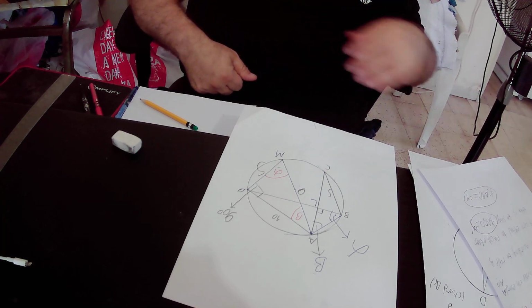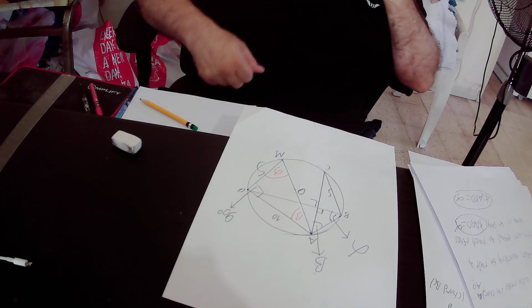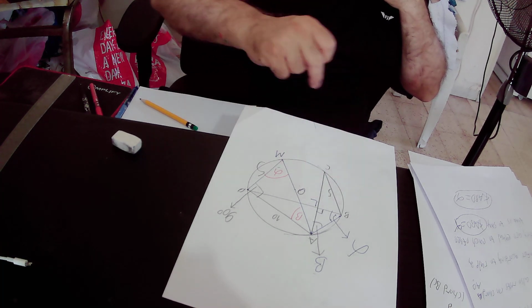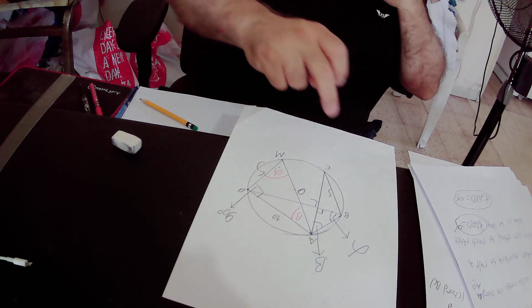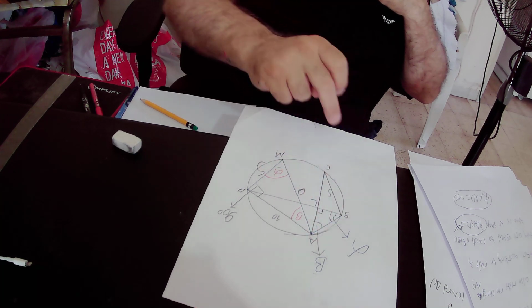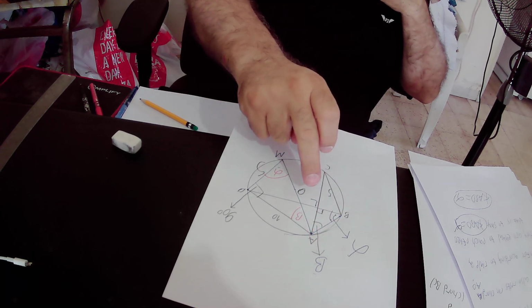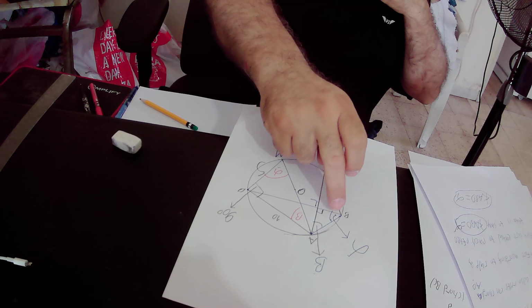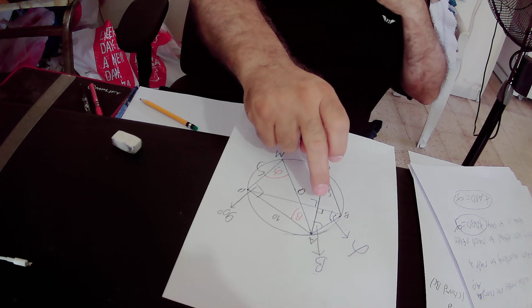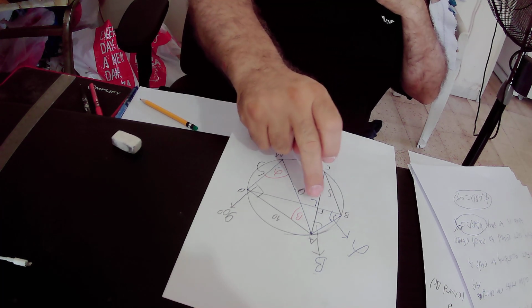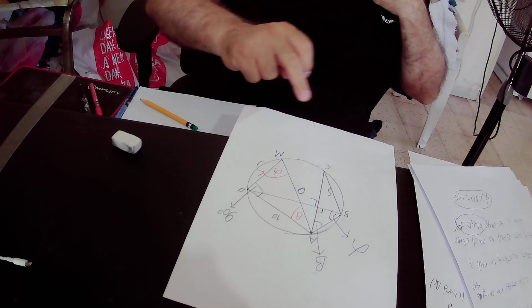Then in the right triangle ABL, we defined angle BAL as x. We know that angle ABL equals alpha, and angle BLA equals 90 degrees.